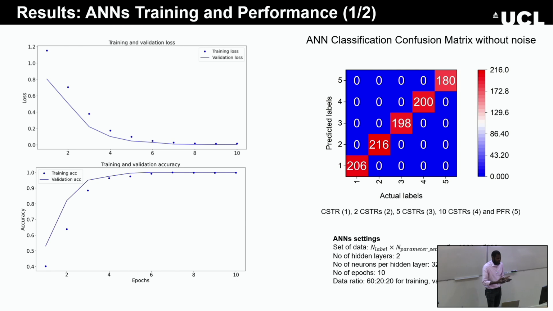And for this particular case study, we used 1,000 parameter sets in the parameter space, so in total we had 5,000 data sets. For each data set, we had the concentrations of the components, which are 5. The other settings of the ANN are equally reported.